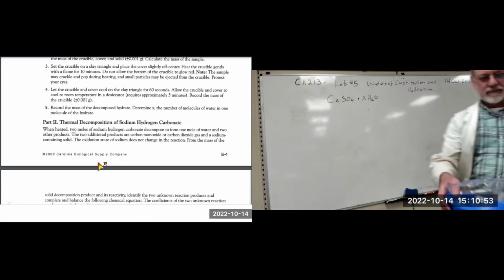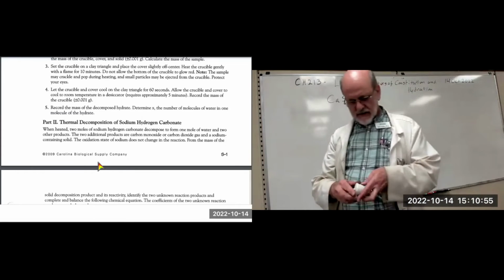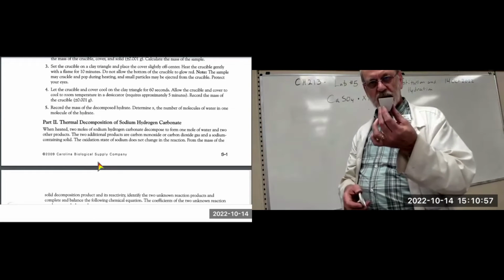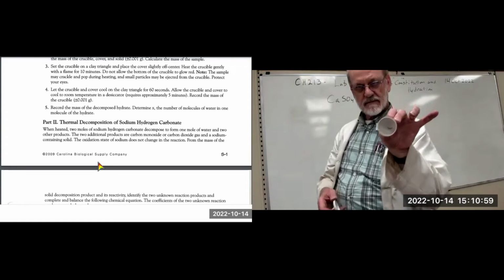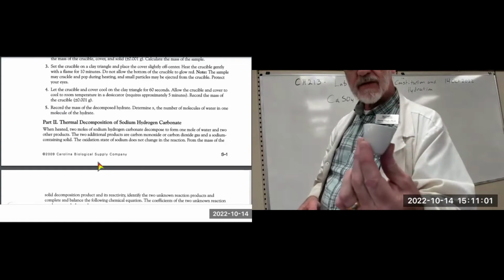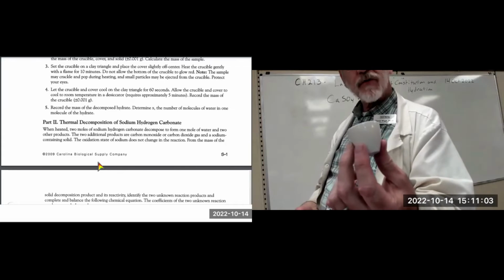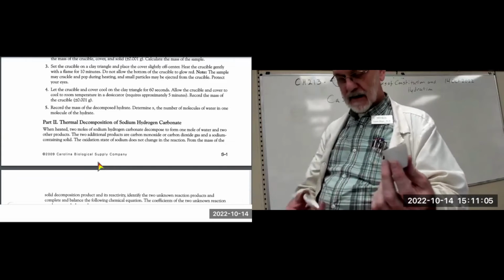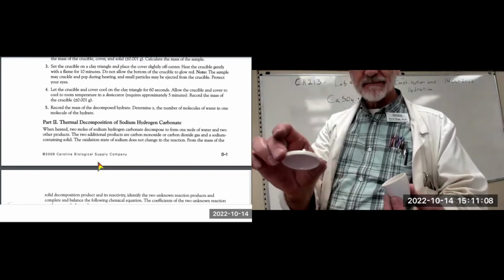All right. This is a crucible. Right? It's a ceramic. So if you drop it on the floor, it'll break. And this is the lid. That's the way it goes.